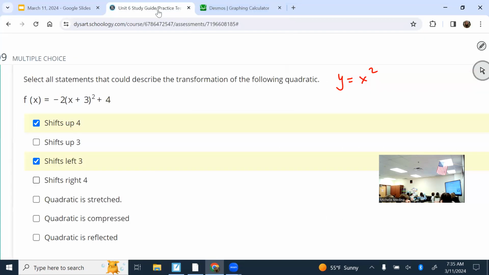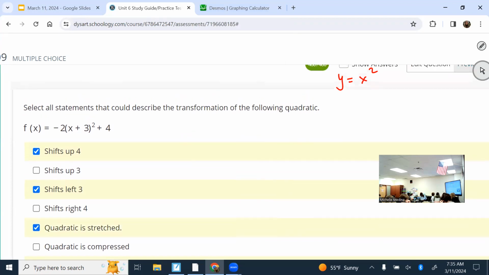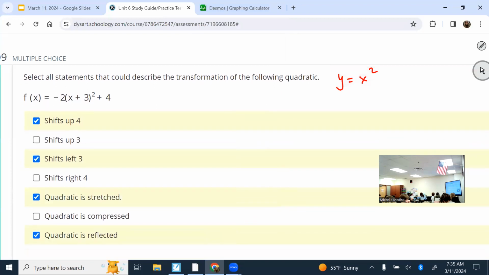And then we need to put the reflection and that it is stretched. All four of those things would need to be there to get the full points on this one on your study guide. And of course, it could be in a different order, so make sure you pay attention to how it is on your screen. All right, questions on this one?